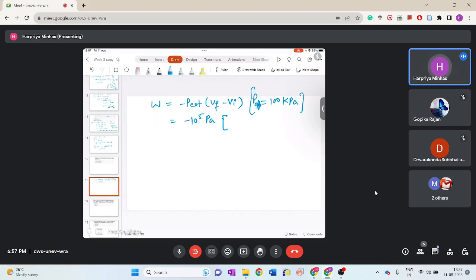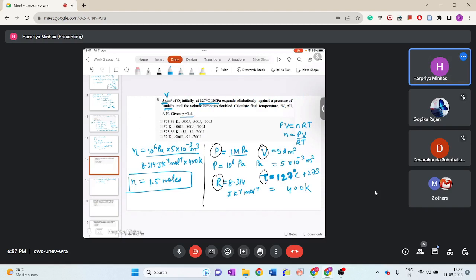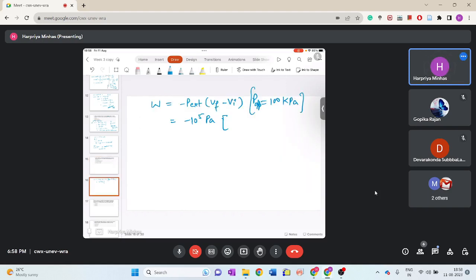So what will be the change in the volume? It's given as 5, initially it's 5, then it's becoming double, so that means Vf equals 10, Vi equals 5, and after subtracting these two, I'm directly writing the 5 and converting it into meter, 10 to the power minus 3 meter cube.